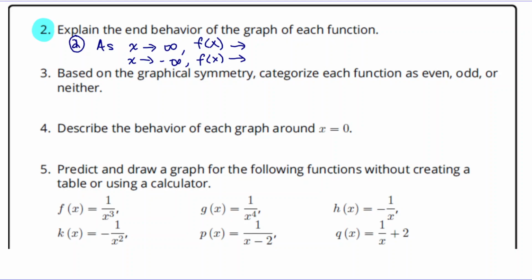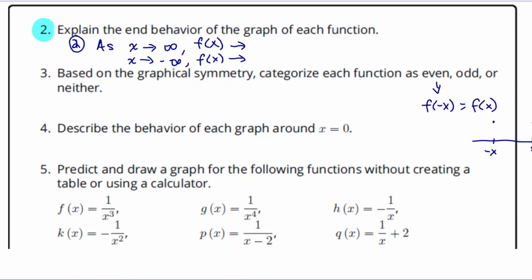Based on the graphical symmetry, categorize each function as even, odd, or neither. So remember, an even function, that means f of negative x equals f of x. Okay, and it's symmetric about the y-axis. Okay, so think of your parent quadratic function, correct? Because let's see, that's a y-axis there, and if you have a point here, and that's x, then if this is negative x, they're both equal.